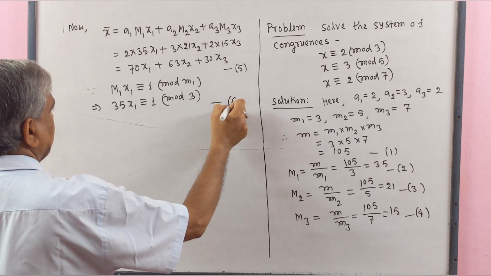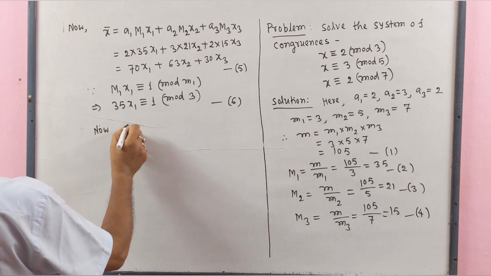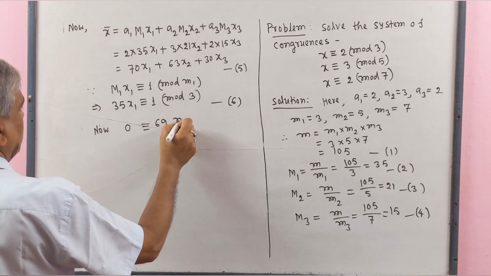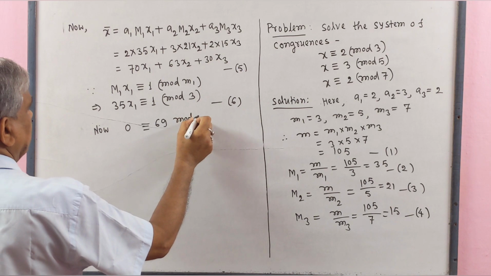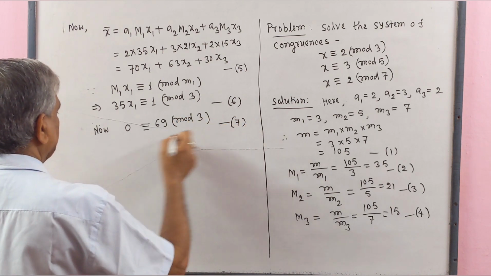This is number 6. Now 0 congruent to 69 modulo 3. This is 7.